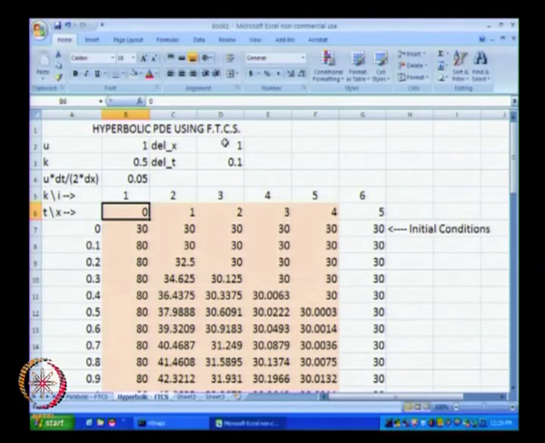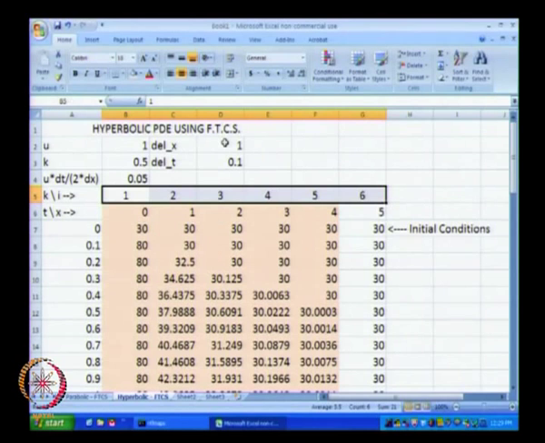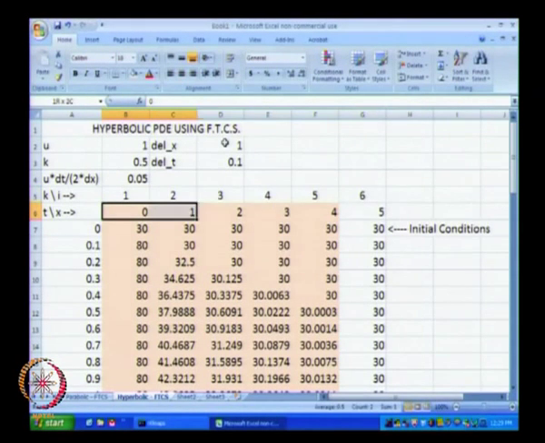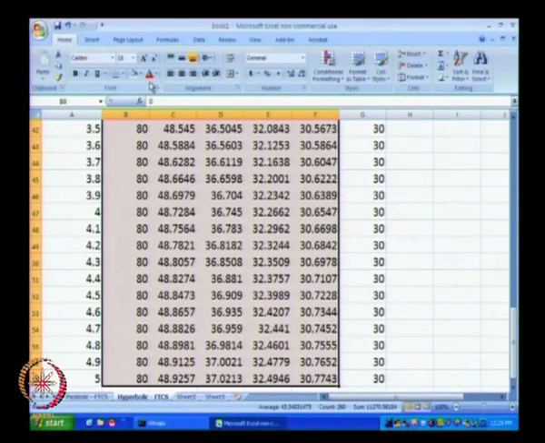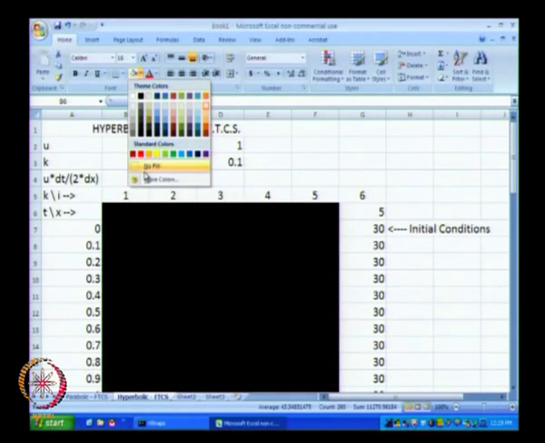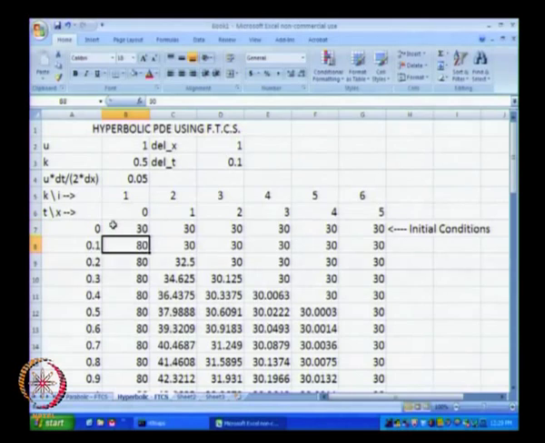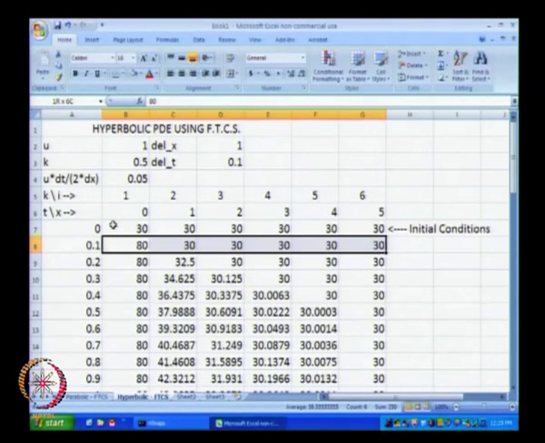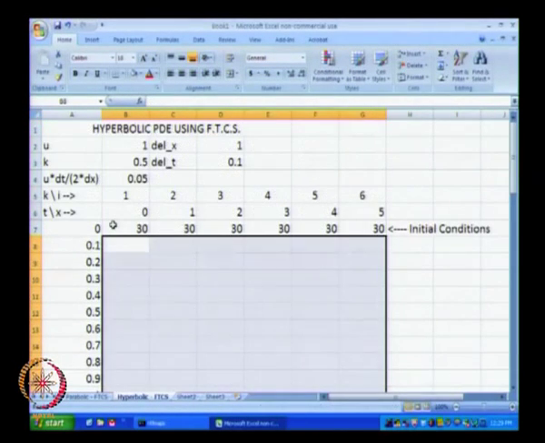Okay. And these are the x locations, and this is the actual length of the reactor that we have, and these are going to be the various times. I will select this, and I do not want anything to be filled over here, and I will delete.